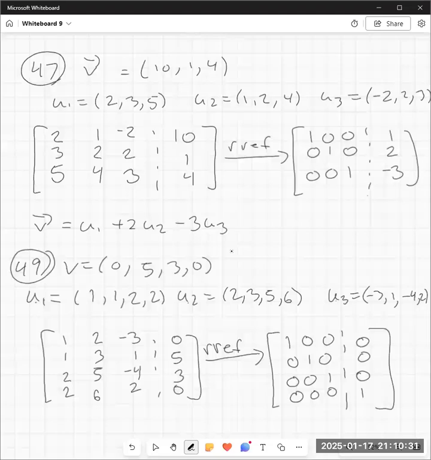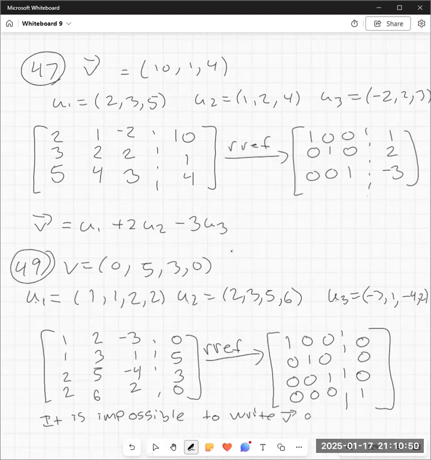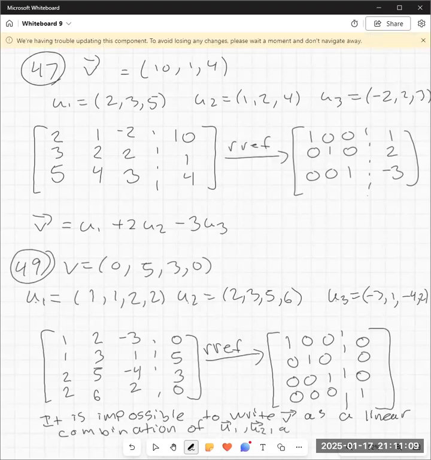And this last one is completely false. It's impossible, is what that's saying, to do that. So it is impossible to write v as a linear combination of vectors u1, u2, and u3.